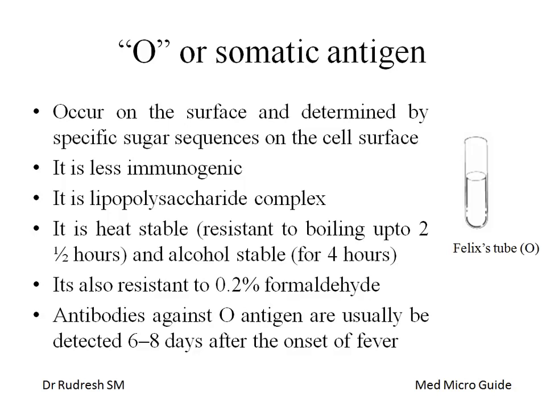It is heat stable and alcohol stable, and also resistant to 0.2% formaldehyde. The antibodies against the O antigen are usually detected 6 to 8 days after onset of the fever. For the Widal test, the O antigens are stained with a blue dye.